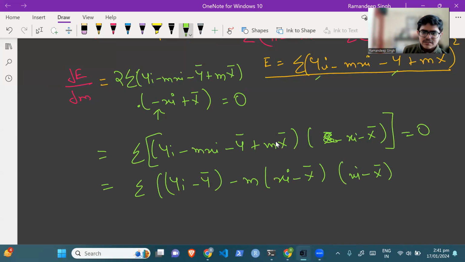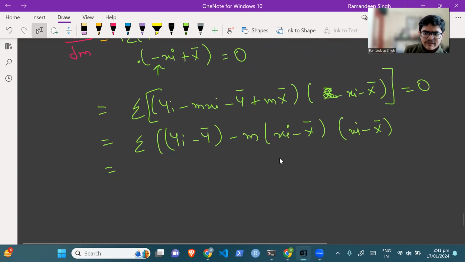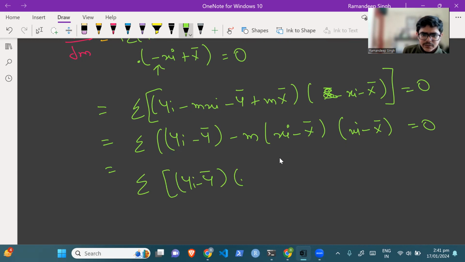This whole term is under the summation, and if I multiply it with both of these terms, this is equal to 0: summation yi minus y bar into xi minus x bar, minus summation m xi minus x bar whole square. This is equal to 0.